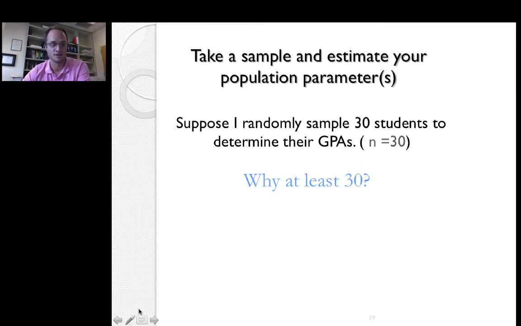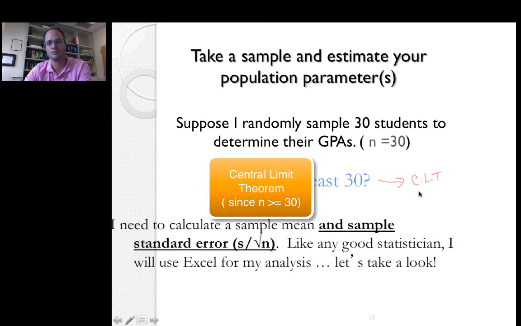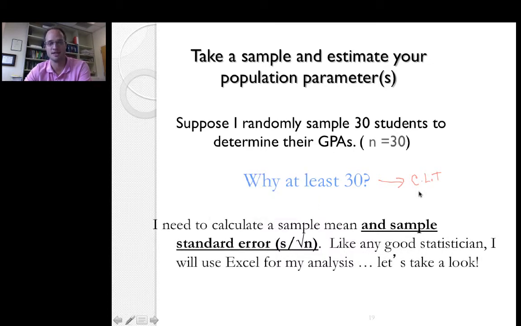The central limit theorem says that regardless of what the population looks like, if the sample size is 30 or more, your sample mean is going to come from a normally distributed data set. We don't have a measure here for the population standard deviation, so we need to estimate it using S, the sample standard deviation. And this is where you use T in place of Z. We don't have sigma, we have S.